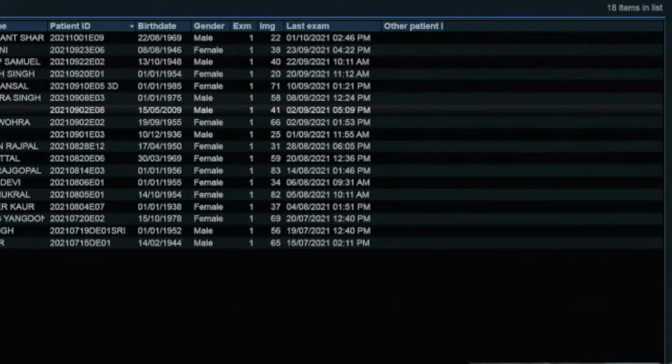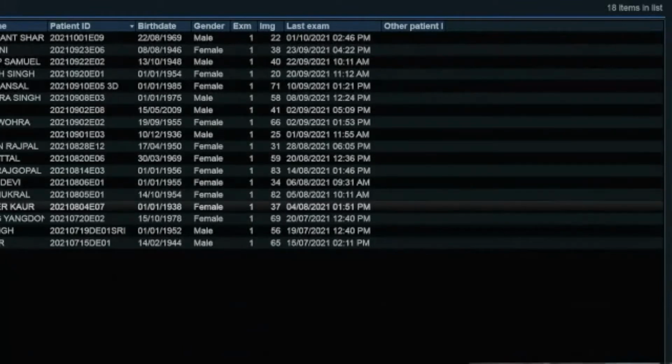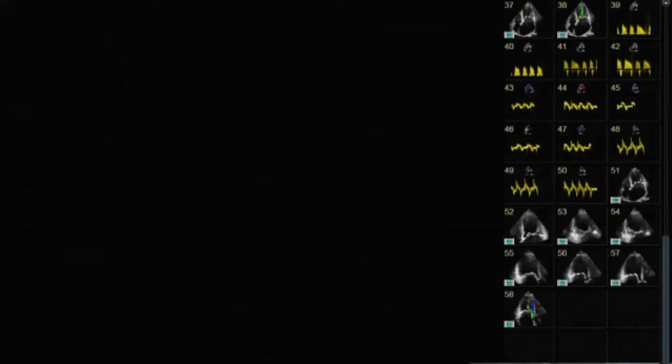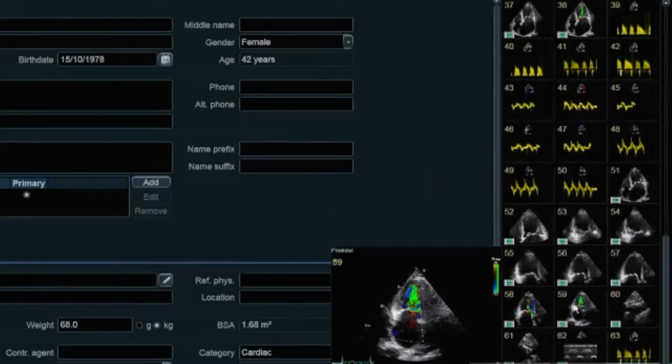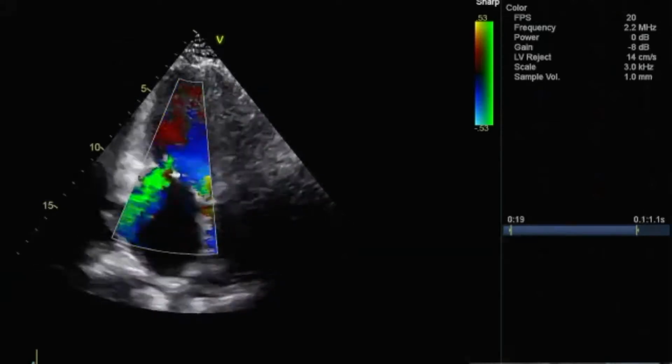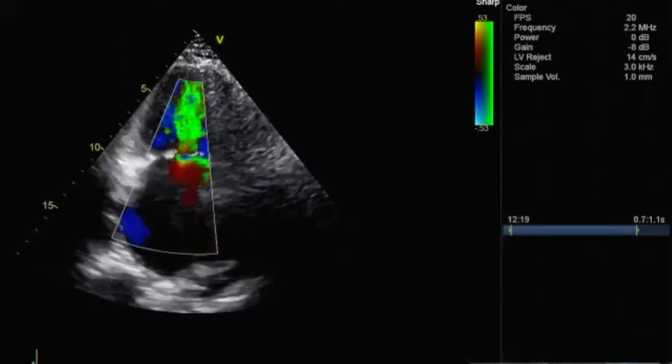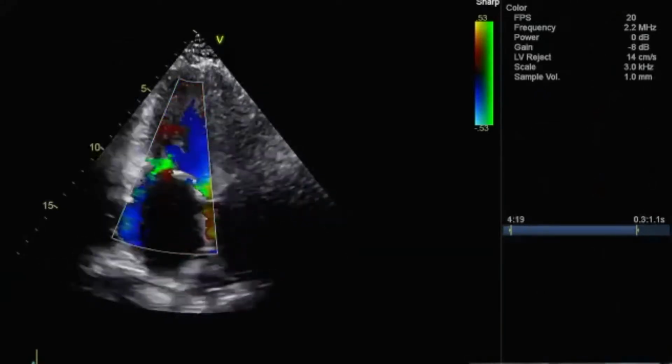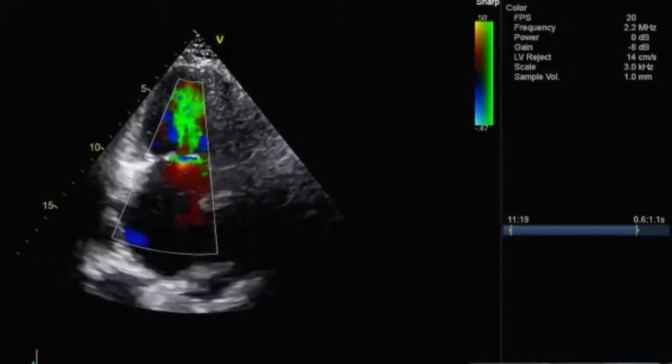So I'm just trying to look at some MR. Now this is a patient with a Nyquist limit of 53, an acquisition which we have done.